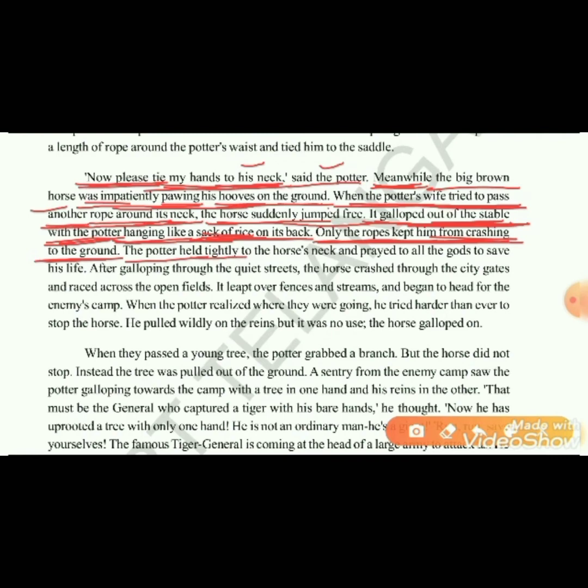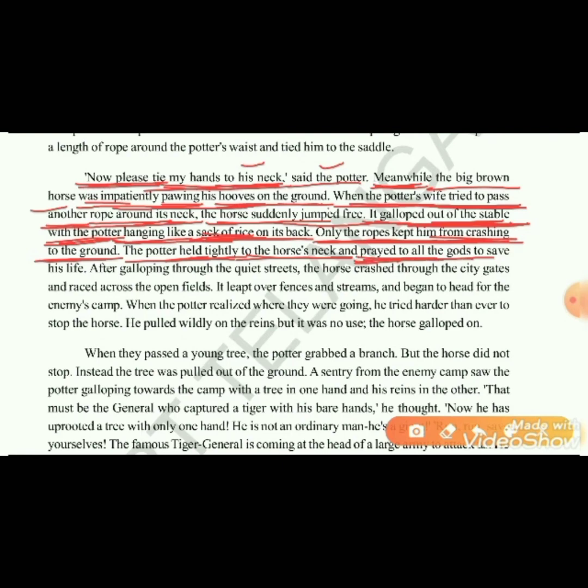When the potter realized where they were going, he tried harder than ever to stop the horse. He tried hard to control it, but he was not able.